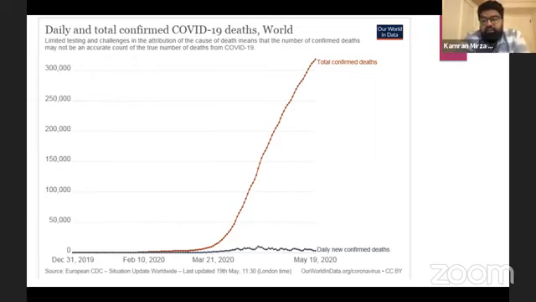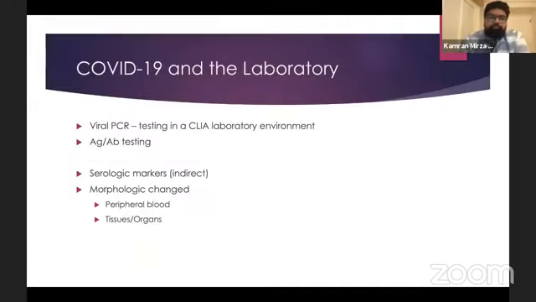Everything has to be very tightly regulated. And so COVID-19 and the laboratory kind of had this interesting start where initially, the few centers that started rolling out the test were those centers that were able to get positive control samples and negative control samples and had the right personnel in place.